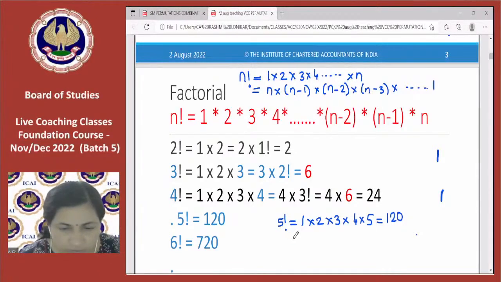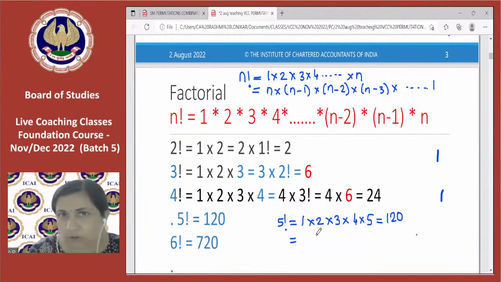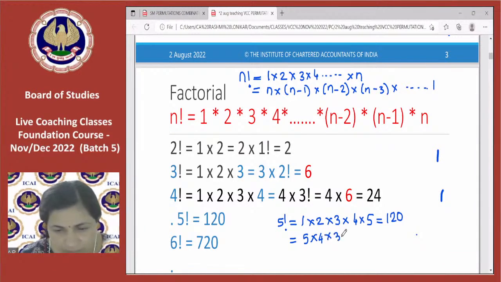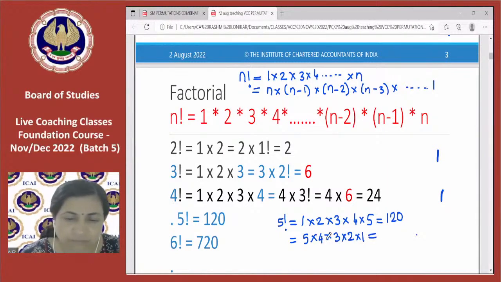I can also write this starting with 5 and going down one place at a time: 5 into 4, 5 minus 1 is 4, 4 minus 1 is 3, 3 minus 1 is 2, and 2 minus 1 is 1. So 5 into 4 is 20, 20 into 3 is 60, 60 into 2 is 120.